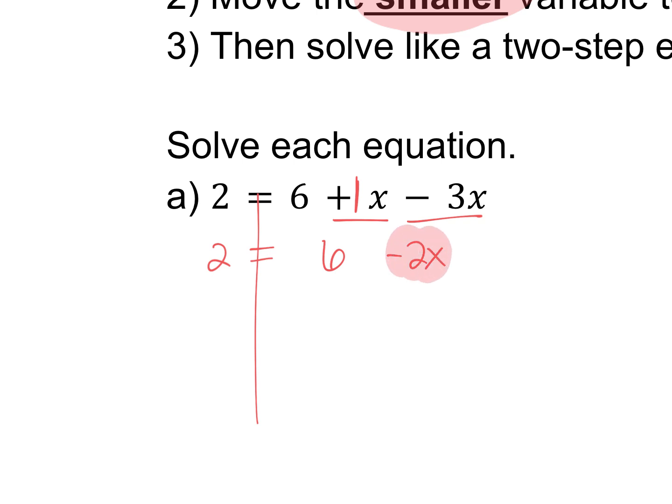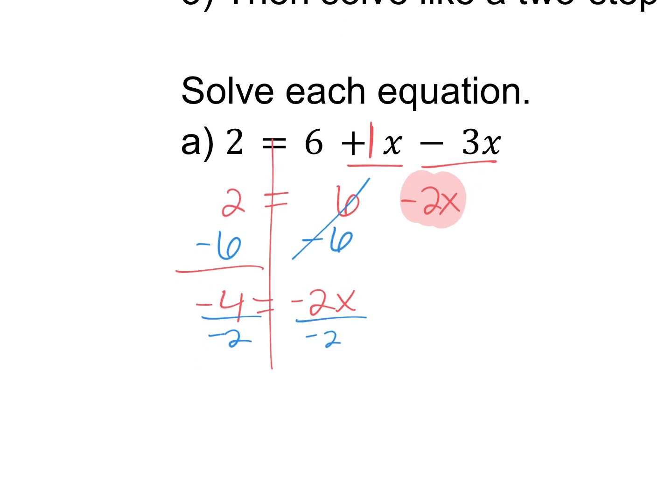And we're going to try to get that negative 2x by itself by subtracting the 6 minus 6. So now you have 2 minus 6 is negative 4 equals negative 2x. Divide by negative 2, divide by negative 2. So your x is 2.